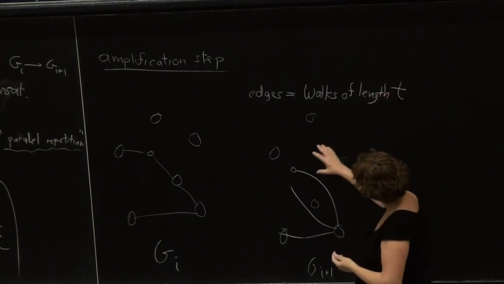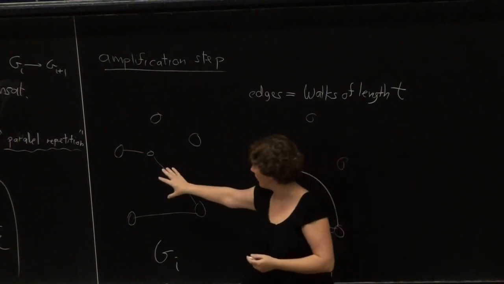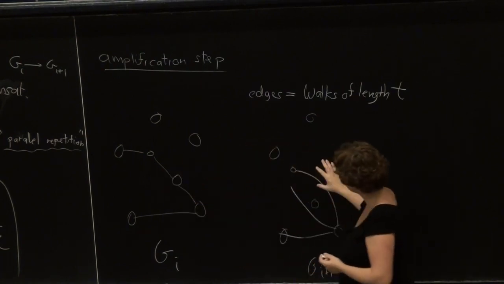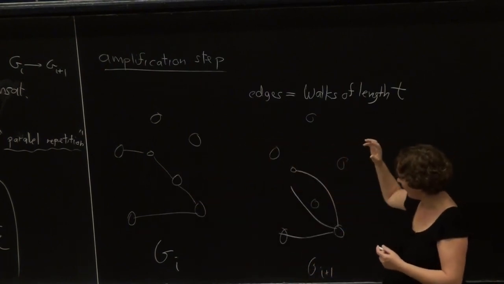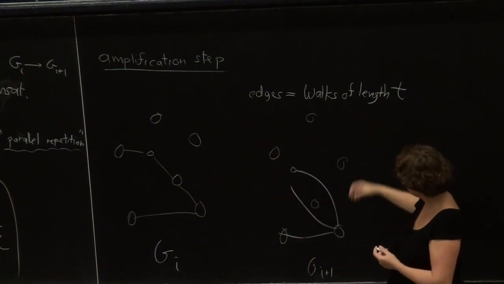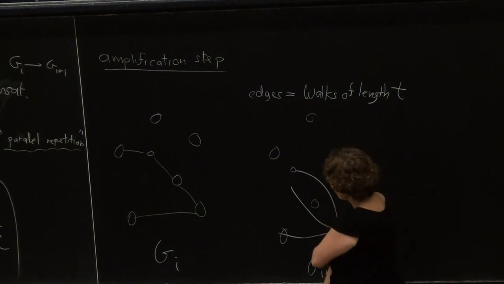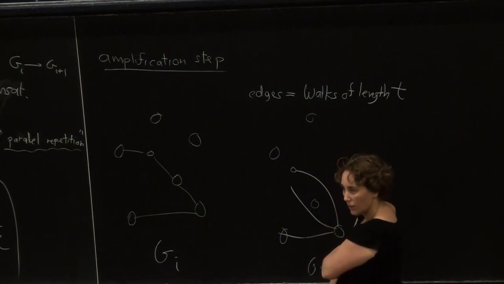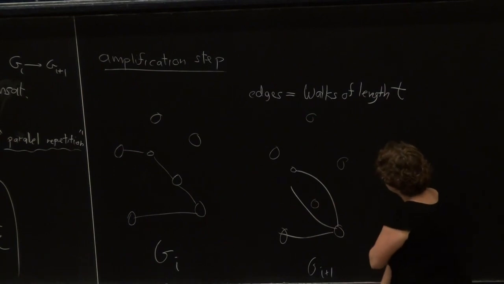If you think of the adjacency matrix of the graph, then the adjacency matrix of this graph is just this matrix raised to the power t. It's now a multigraph, and the weight is important.